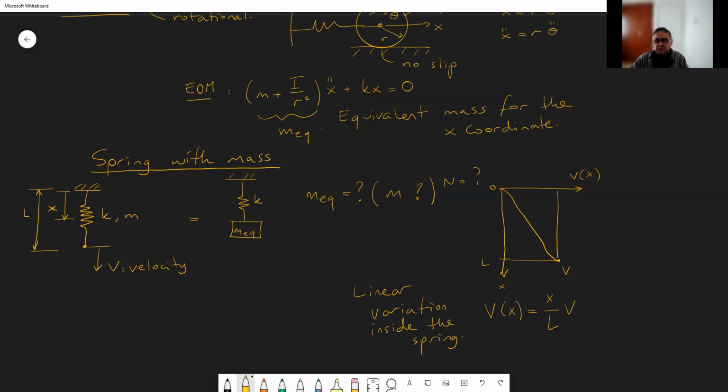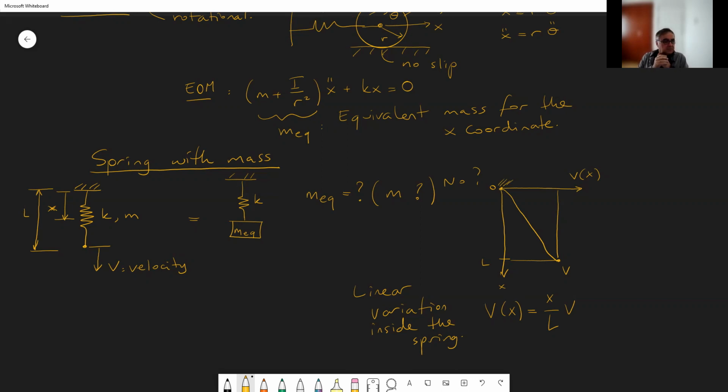This is important because the velocity of one end of the spring is 0, because it's fixed to the wall, and the other end is v. In between we don't know, but it is most logical to assume the variation is linear.